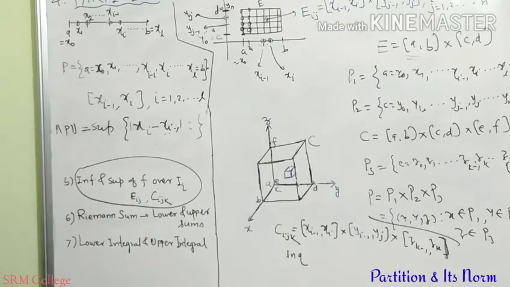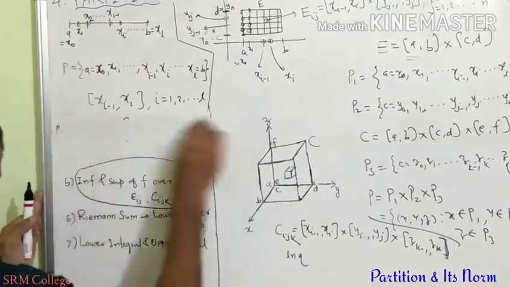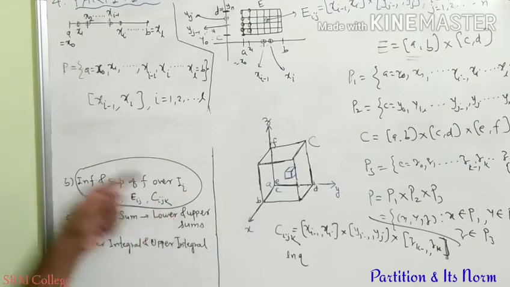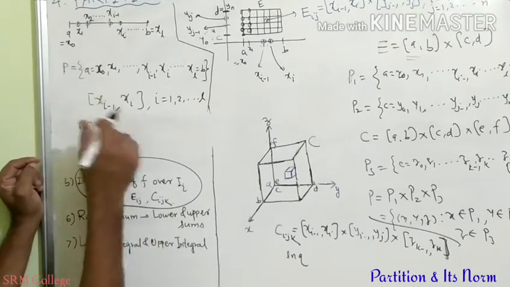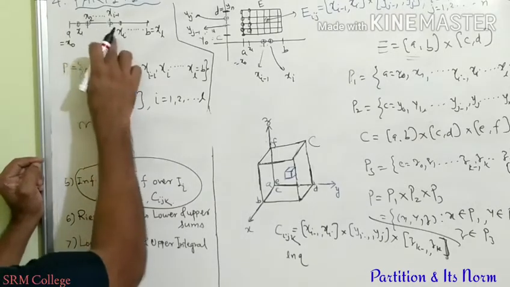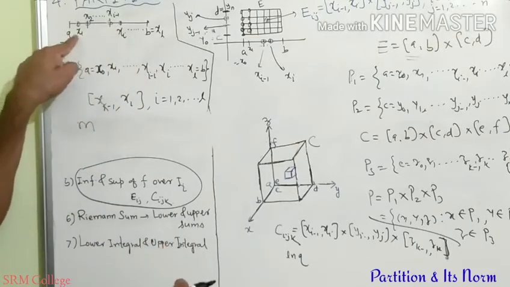Now, once you know the infimum value and supremum value of a function f on any ith subinterval, for the sake of simplicity, I will take this variable as k, x_{k-1} x_k, it doesn't matter. The last value is important, k runs from 1 to l there.